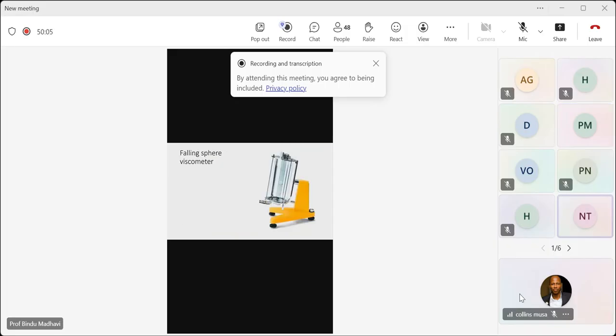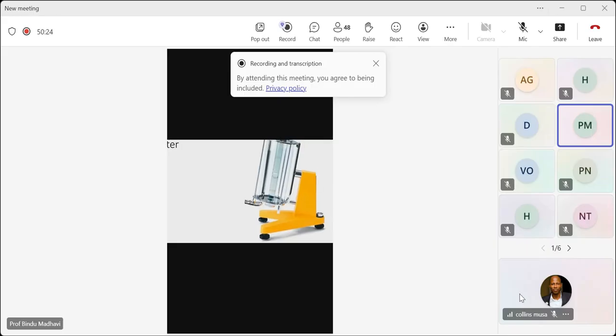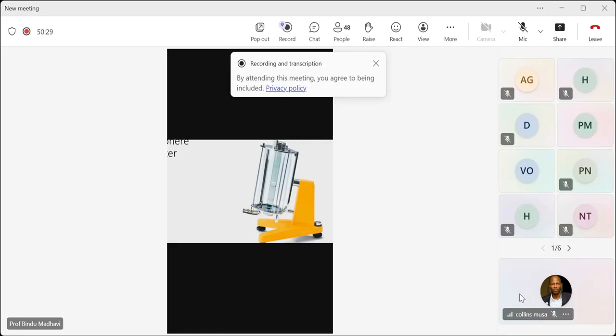This Pauling sphere viscometer, you can see the diagram. Is it visible? Yes. Yellow color stand. So this is a simple glass tube. Can you see a colored glass tube inside this? Yes.